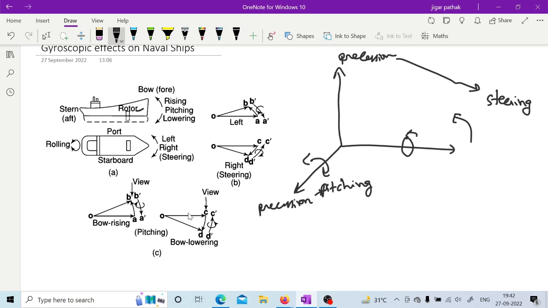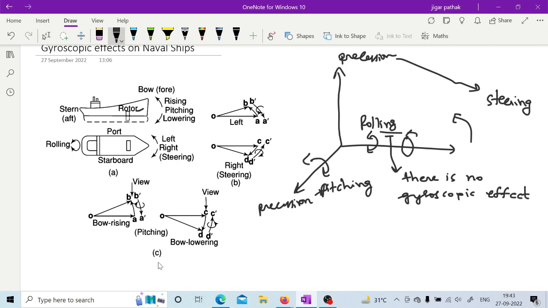Now one more thing is there in case of naval ship, and that is rolling. Rolling will be about the same axis of spin. So in this case there will be no gyroscopic effect, because the axis of precession and the axis of spin are the same.